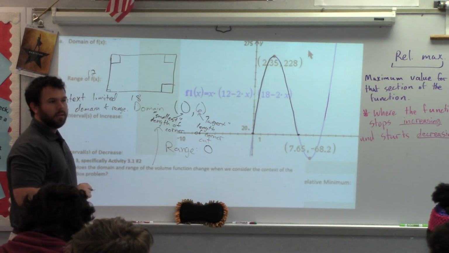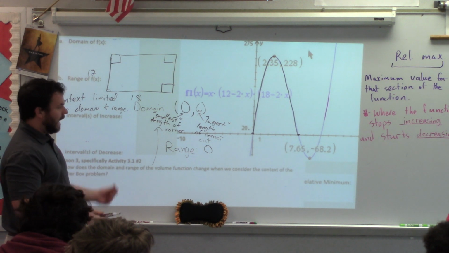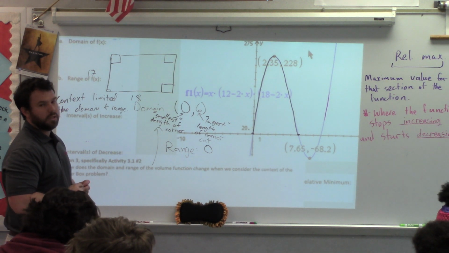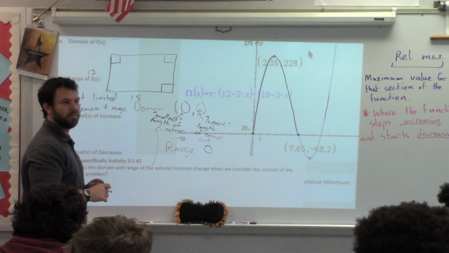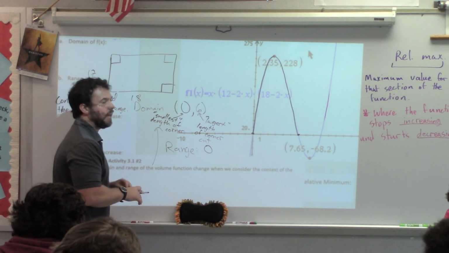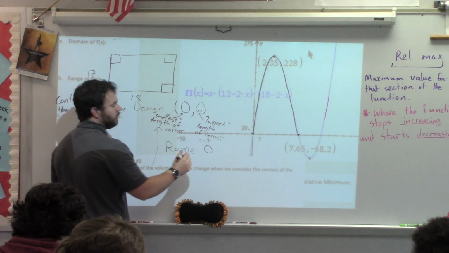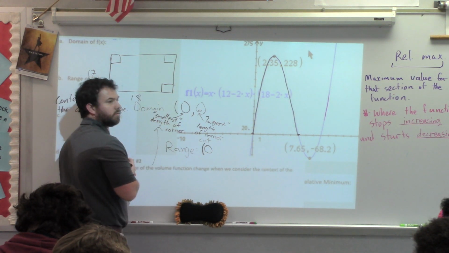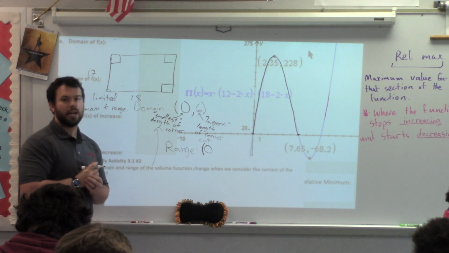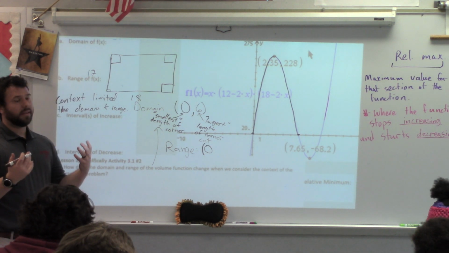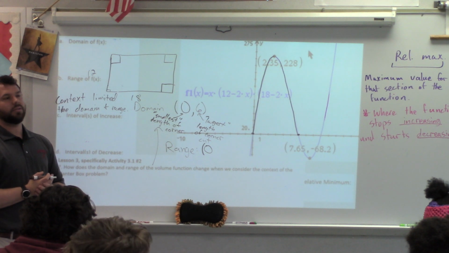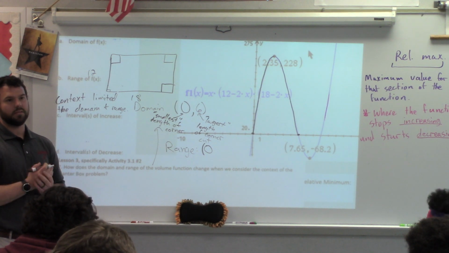Now, can you actually have a volume of 0? No, it's not actually a rectangular prism, so it would be a parenthesis. You use a parenthesis when you cannot actually have that value. Now, it depends on the way you justify it. That's what I would consider the most accurate response, but if you justify it well, I'll take it.